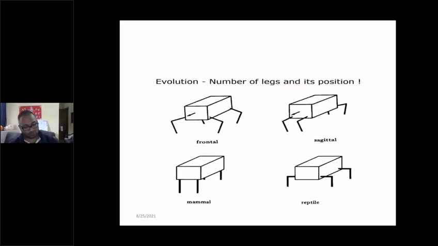Now, how has locomotion evolved? You see that different animals have different shapes of legs, different lengths of legs, and different numbers of legs. If it is quadrupedal or bipedal: human beings are bipedal, and goats and cows are quadrupeds.